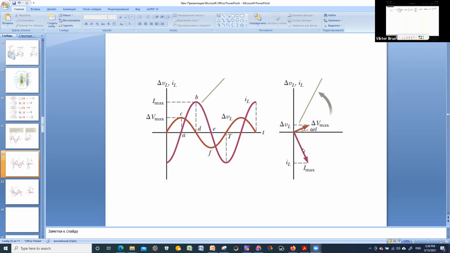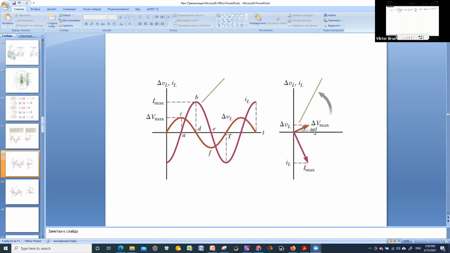There is a 90-degree phase shift between the voltage phasor and the current phasor, since they rotate counterclockwise with the angular frequency of the alternating current power source applied to the circuit.